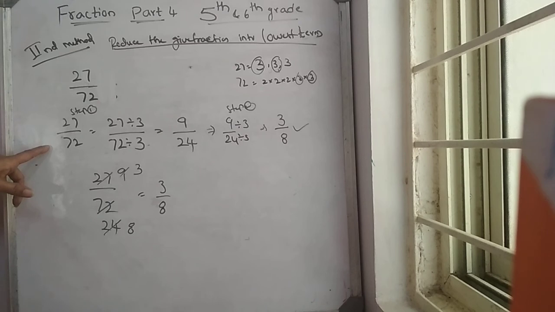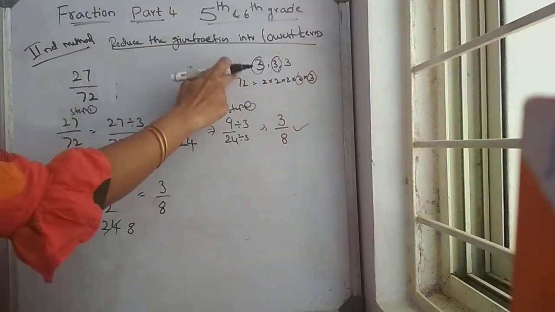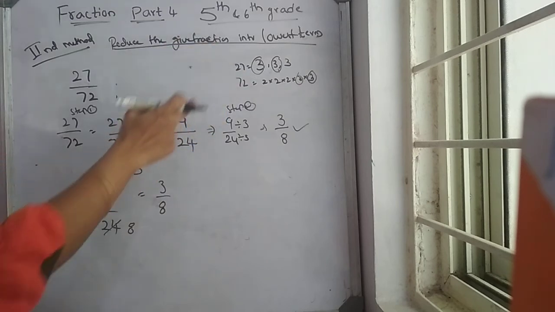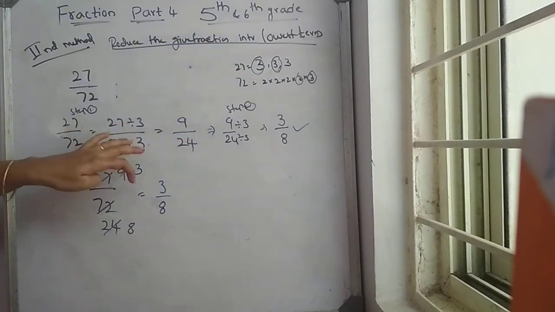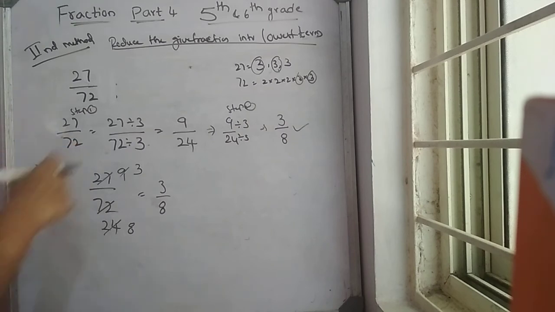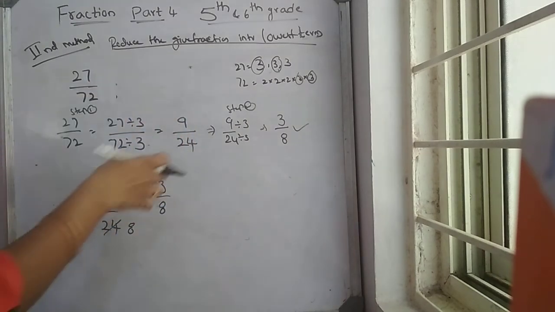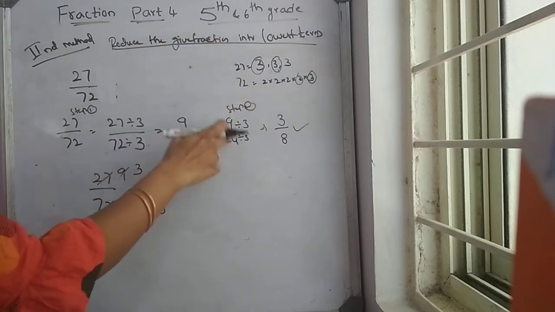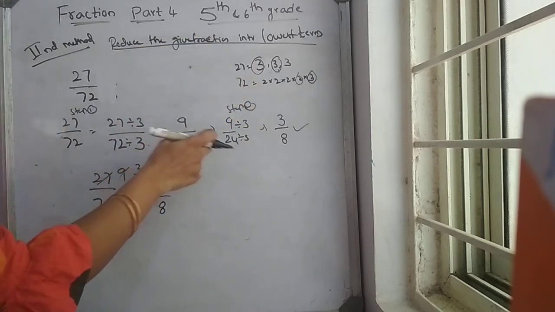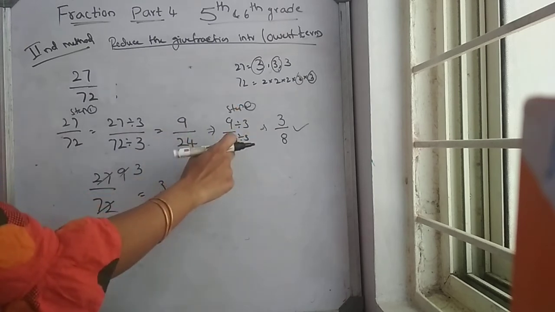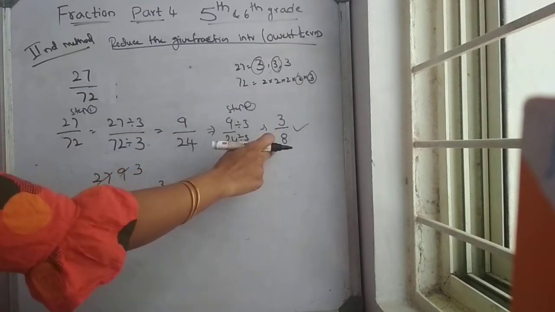Why am I explaining this? Because it is easy to understand: first you find the common factors of the two numbers, take one common factor, and divide in step 1. After that you get some fraction, 9 by 24. Then again take another common factor and divide again. What is the last result? 9 by 24 divided by 3 and by 3 gives 3 by 8.